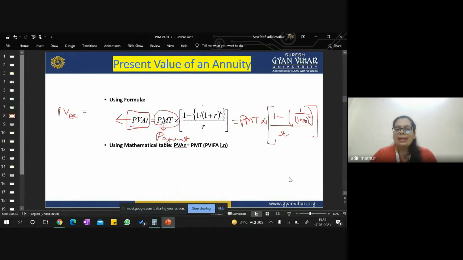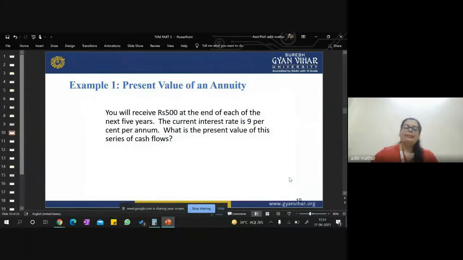So let us take an example and understand it. You have received 500 at the end of each of the next 5 years. The current interest rate is 9% per annum. What is the present value of this series of cash flows?